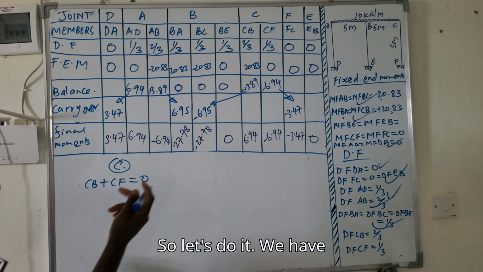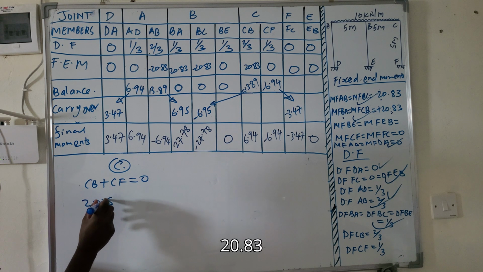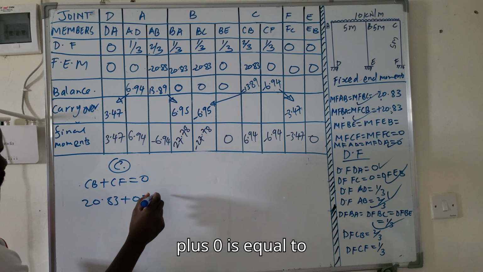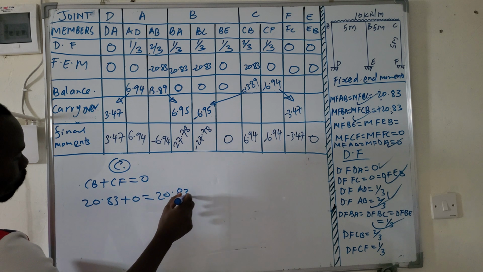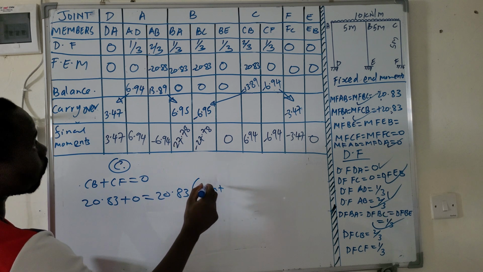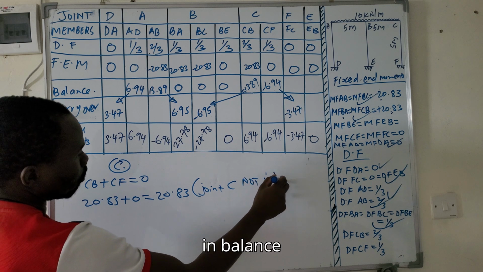So let's do it. We have 20.83 plus 0 is equal to 20.83, meaning joint C is not in balance.